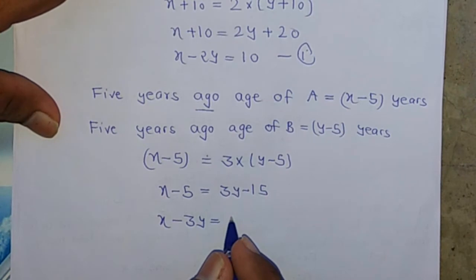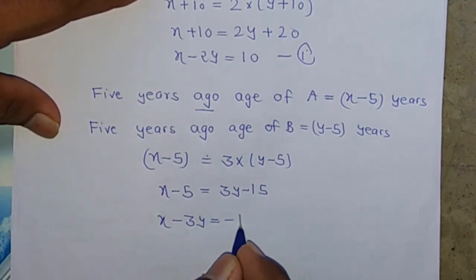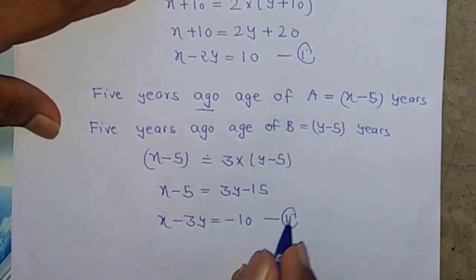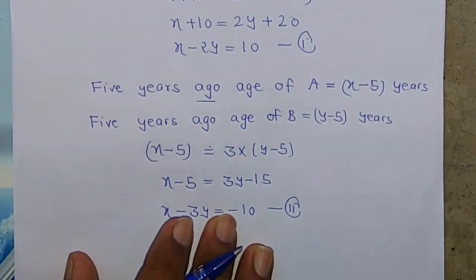Well, 5 minus 15 means minus 10. It is equation second.